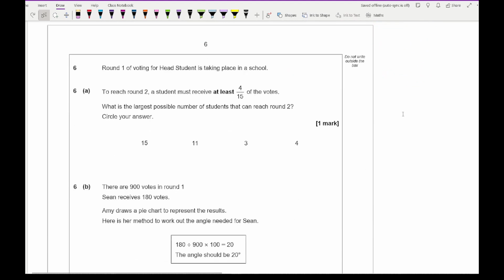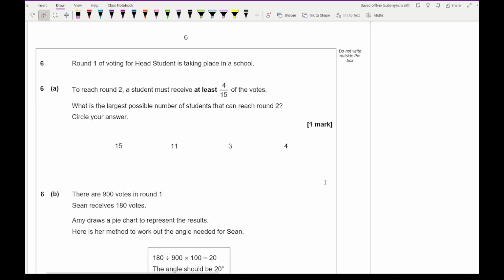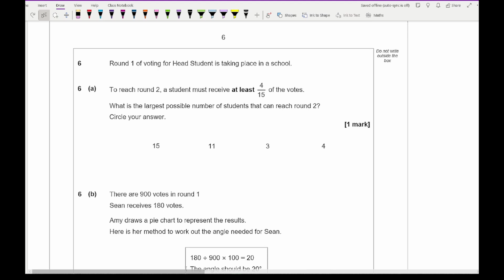Moving on to question 6, it says round 1 of voting of head student is taking place at a school, and the question's asking us to reach round 2, a student must receive at least 4 out of the 15 votes. What is the largest possible number of students that can reach round 2?